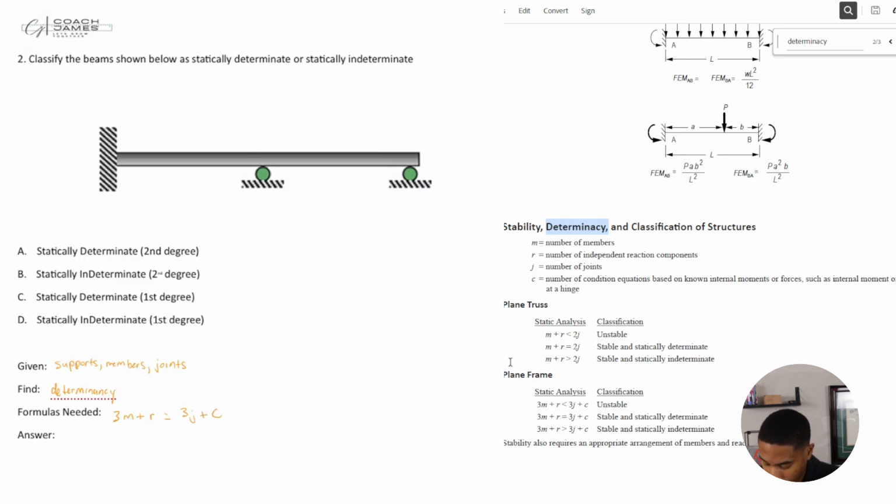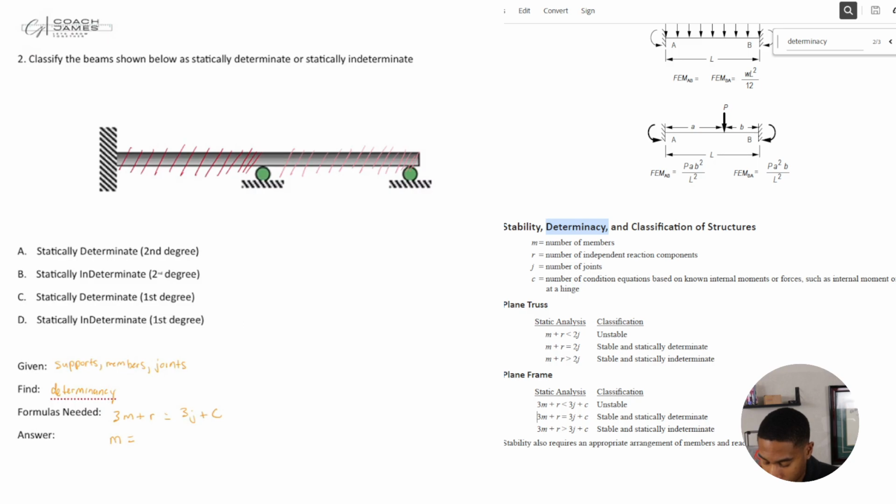All right. How many members do we have? M equal to, okay. This is a member. Then we have to break it, connect everything with the roller, and then this is a member.